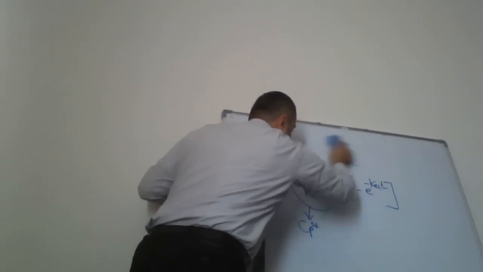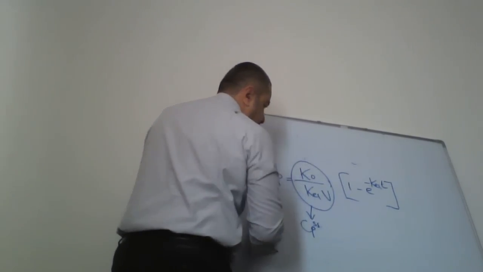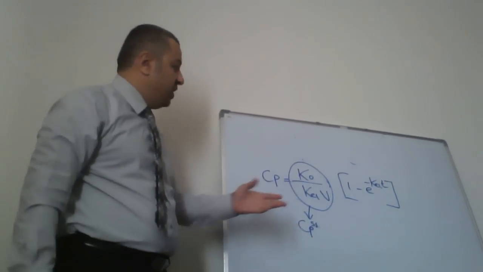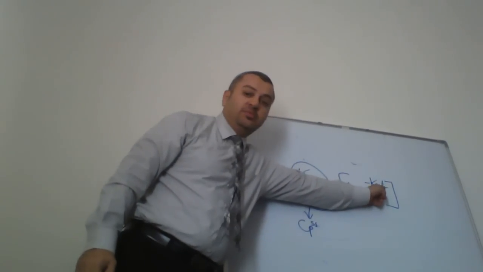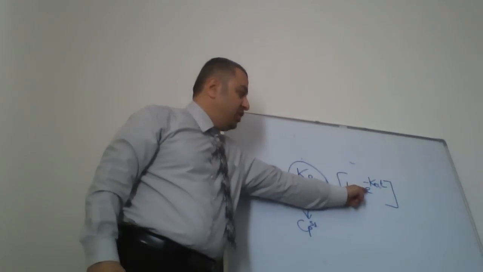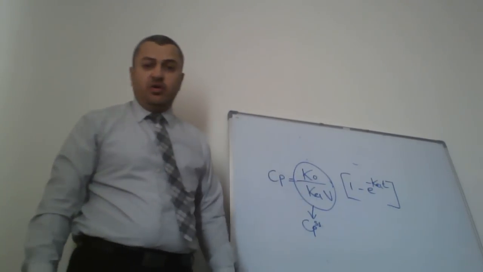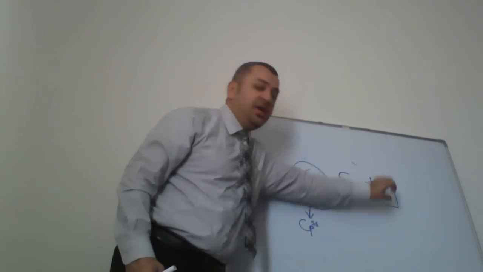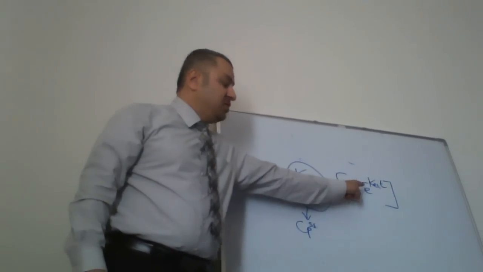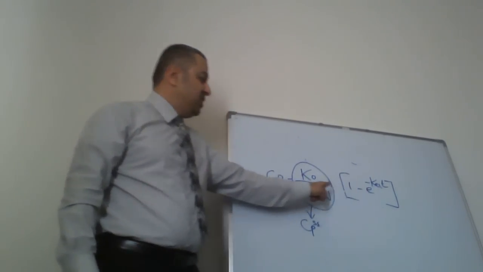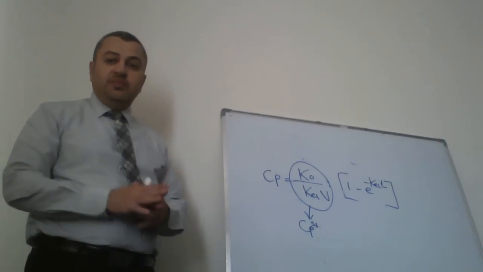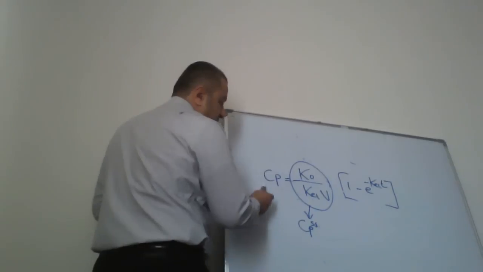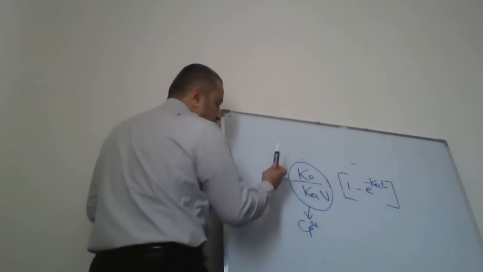So let us look at this equation, and I want you to imagine what is happening. What happens at time 0? Remember that at time 0, e to the power of minus Kt is 1. So this fraction here is 1. 1 minus 1 is 0, so 0 of Cpss is 0. So at time 0, what is the concentration in the body when you want to start the infusion?